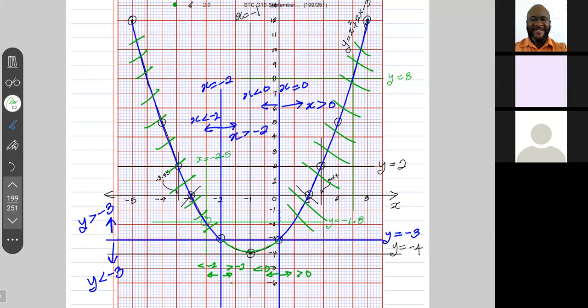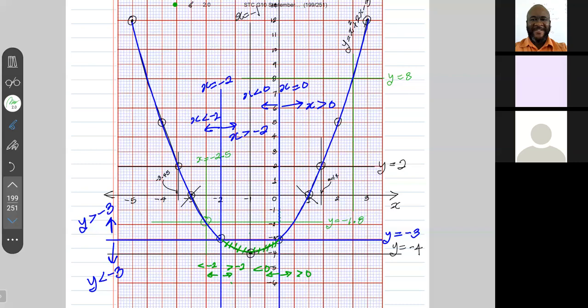I am interested in the region of the graph where y is less than -3. This is the region of the graph where y is less than -3, and in that region of the graph, x is less than 0 and x is greater than -2.